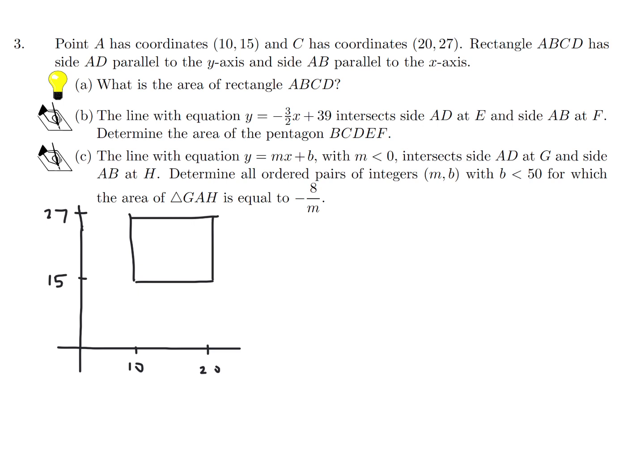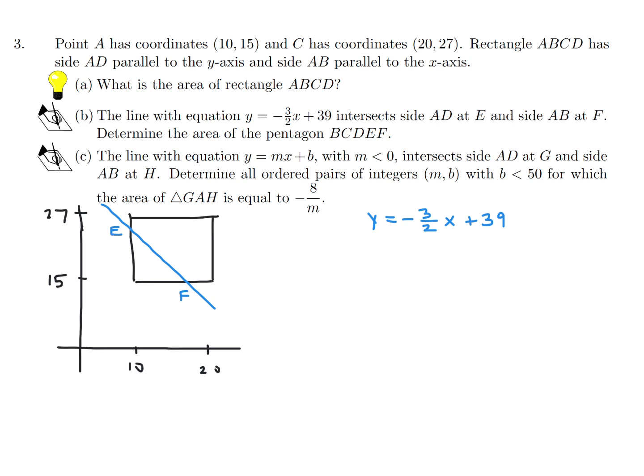And then you've got this equation, y is equal to minus 3 over 2x plus 39, right? So that's going to be somewhere, something like that. So then they're saying that it intersects at E. So here's E, I assume, and F, like that.